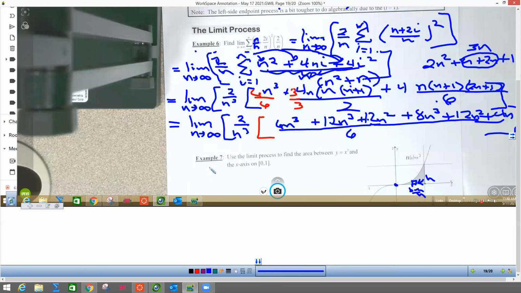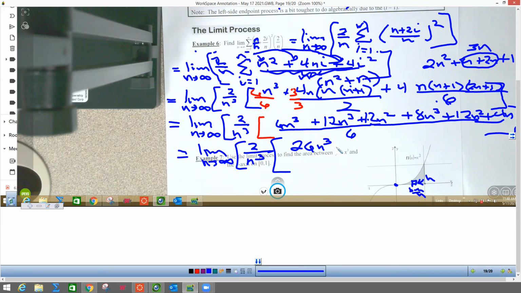Last, we got to add our like terms. So I got the limit as n approaches infinity, and I still got this 2 over n cubed out front. And I got to add like terms. So 6n cubed plus 12n cubed plus 8n cubed, I believe, is 26n cubed. And I really don't need the rest of it.